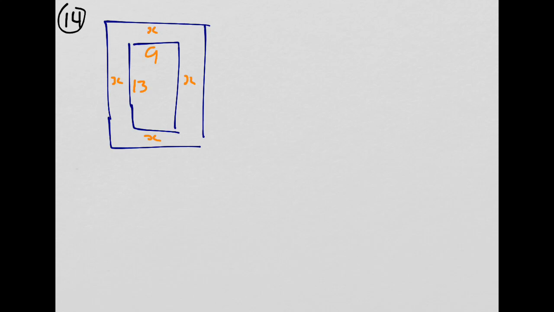We know it's got a border of x all the way around, so we can work out that distance there is 13 add 2x, and we can work out that distance there as 9 add 2x. Okay. Now the question says write down an expression for the length. We've just done that.